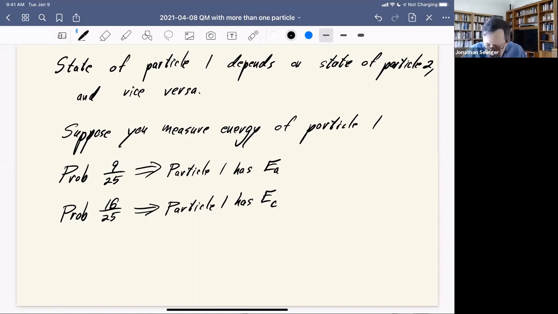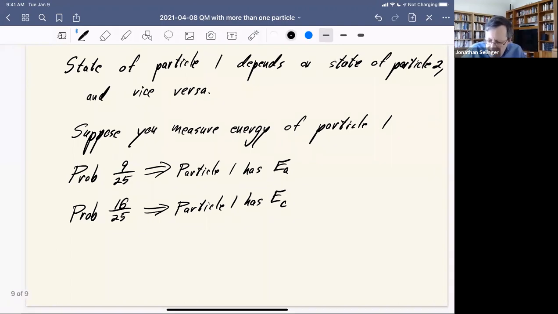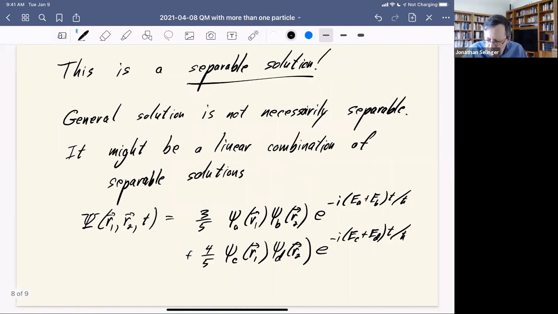Okay, so far, this is all the same as before, but now there's an additional feature. That is that if you measure the energy of particle 1 and you get EA, then you have to be in this state, which means that particle 2 has energy EB.